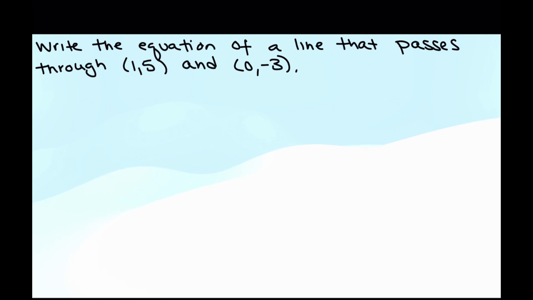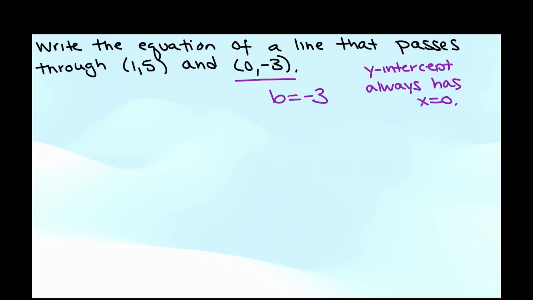Here's another one. Write the equation of a line that passes through the points 1, 5 and 0, -3. Now this time they're not telling us what the slope is. However, we have learned in the past how we can actually compute that slope. And they are giving us the y-intercept. The y-intercept always has an x value of 0.